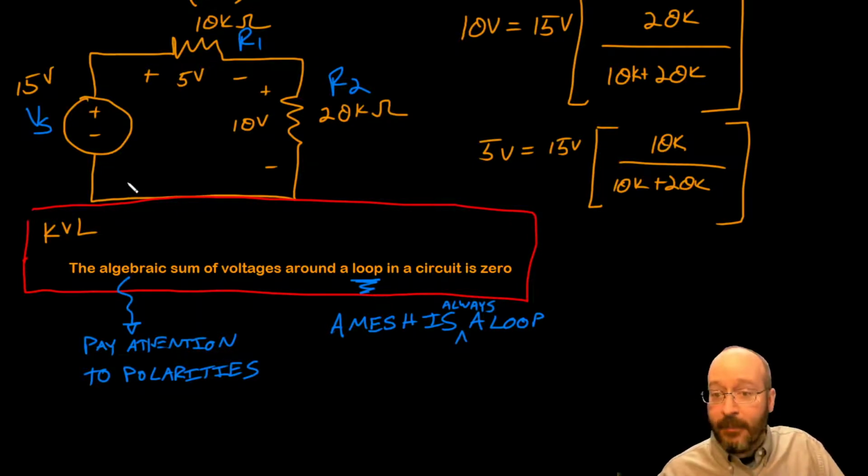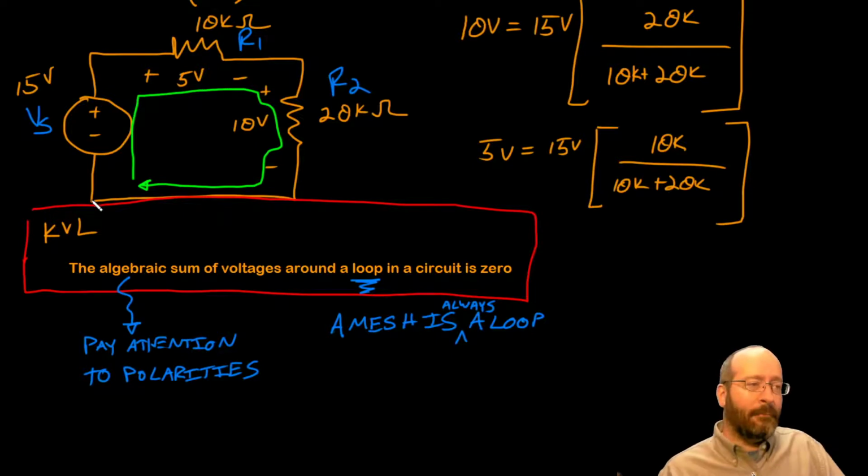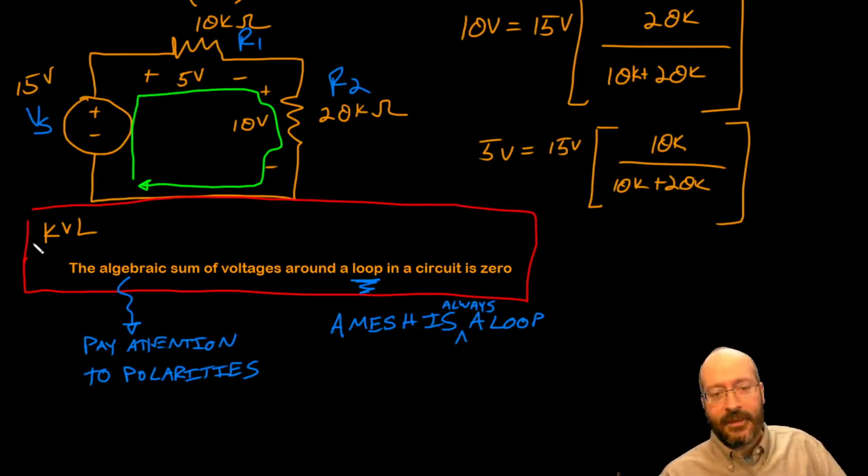Okay, so I'm going to start here, and I'm going to work my way around. So let's grab, we'll go green. Remember, for a loop, I have to start and stop at the same place. So if I'm going to write a KVL equation, I have to do the same thing. My habit is to start in the lower left corner. That's my habit. There's nothing preventing me from starting up here or over here, even down there, even though this is all one node along the bottom.